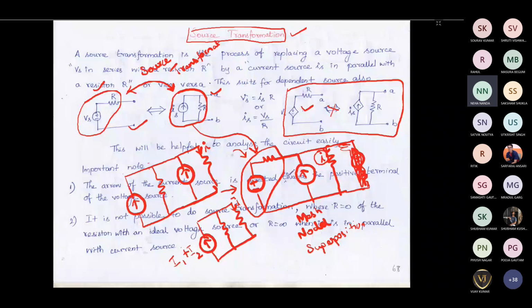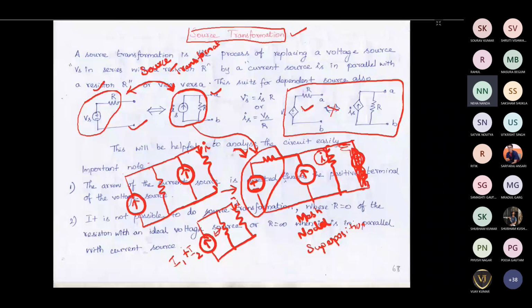So in order to solve some circuits in an easier manner, we can replace this voltage source with a resistor in series as a current source with a resistor in parallel. What we are going to do is called source transformation. When you do source transformation, it becomes easier for you to solve the circuit.